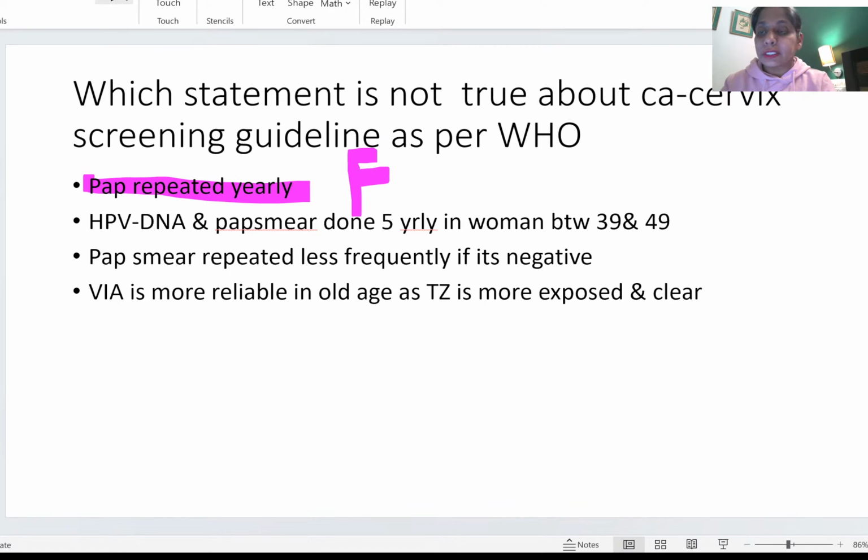This is false. The HPV DNA and pap smear are not repeated yearly. The new guideline says that they have to be done every 3 years. Pap smear is repeated less frequently if it is negative.